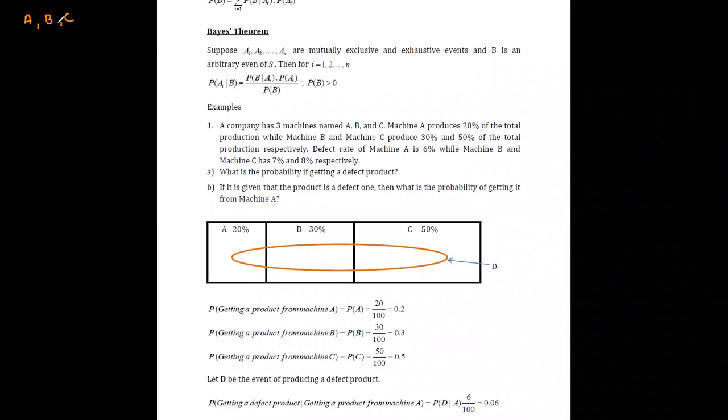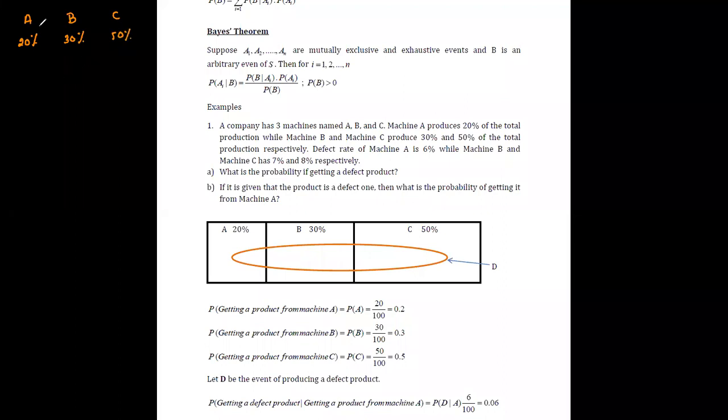So machine A gives 20% of total production, B gives 30%, and C gives 50% of total production.